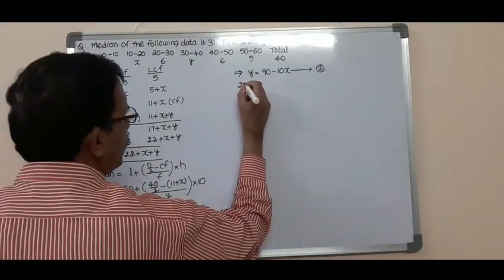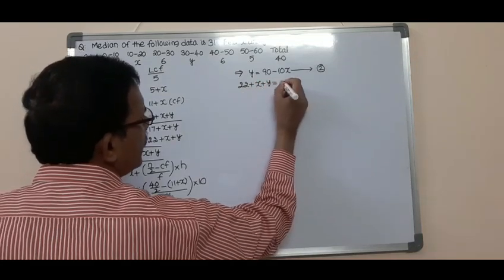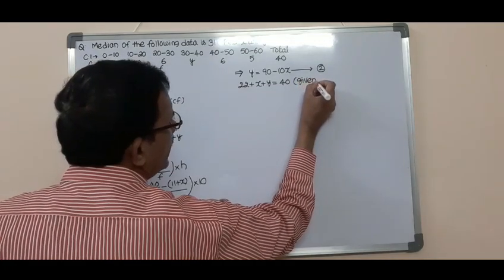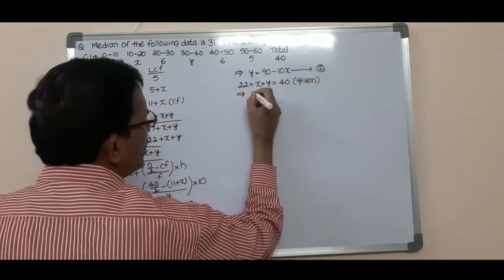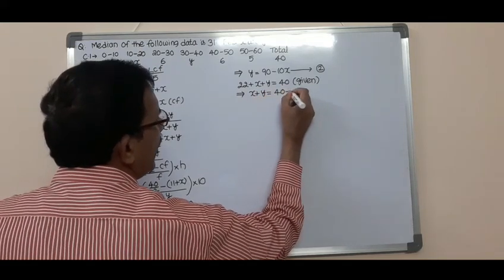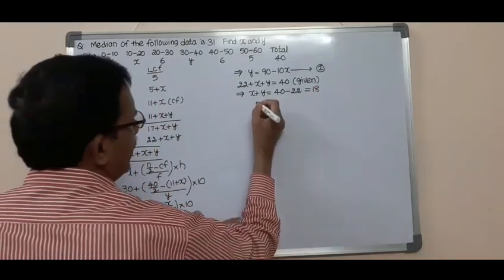Now 22 plus x plus y is equal to 40. Total frequency is 40, it is given. Implies x plus y is equal to 40 minus 22, that is equal to 18.